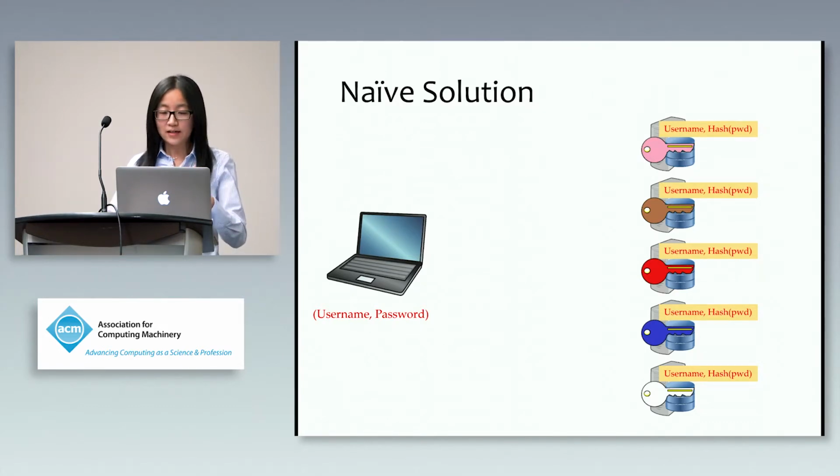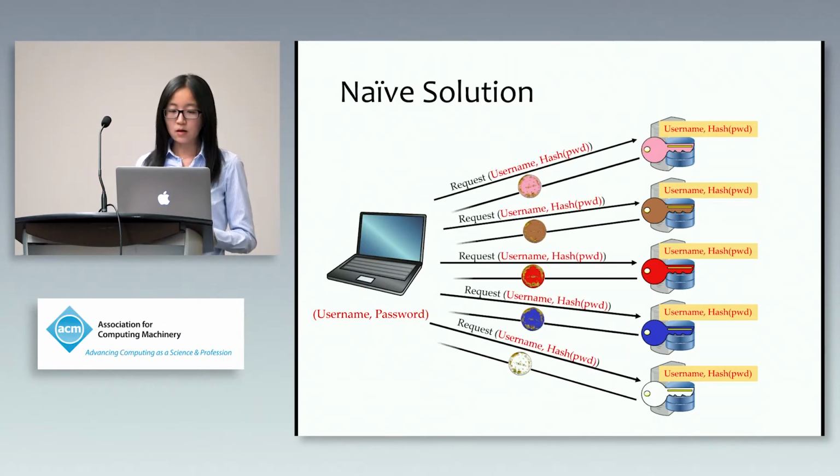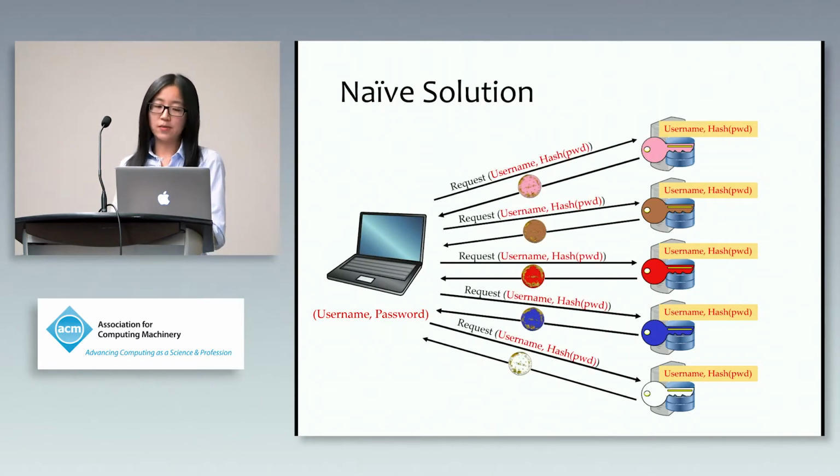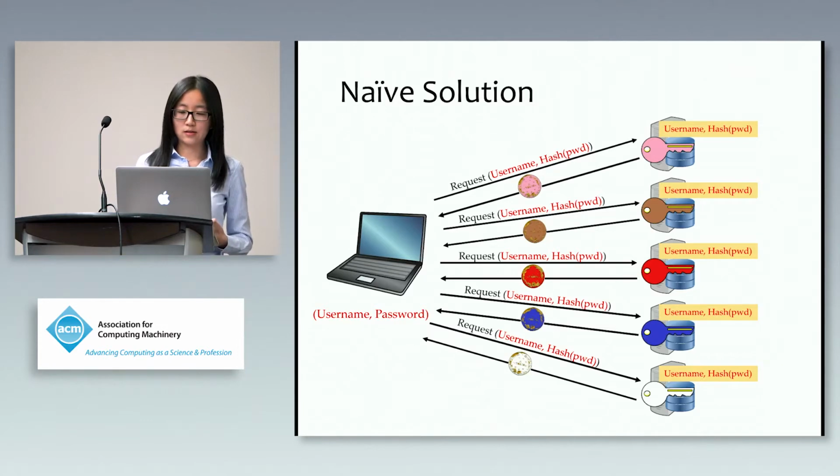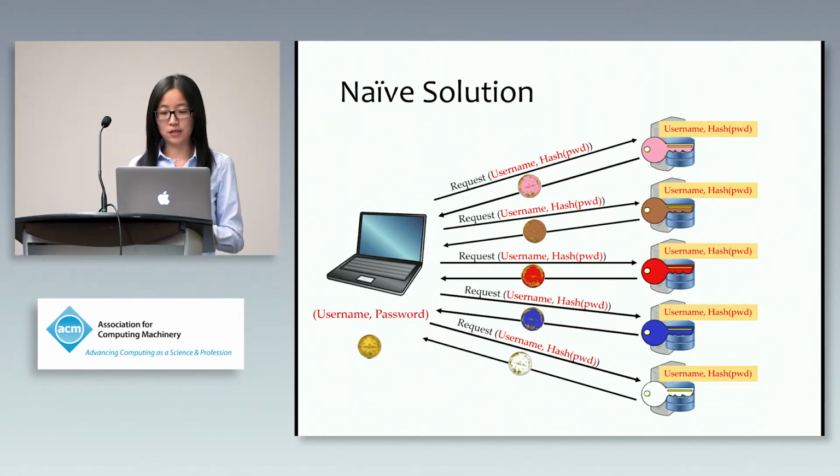And then in the token request phase, the user will send its username and hash of its password to every server. And every server will verify if the hash value is correct. If it's correct, then the password is correct. So it will use the secret key share to generate a partial token. And then if you have enough partial tokens, you can recover a token.